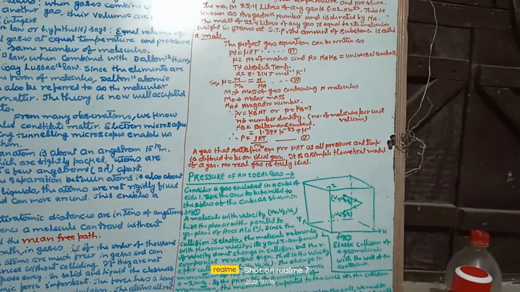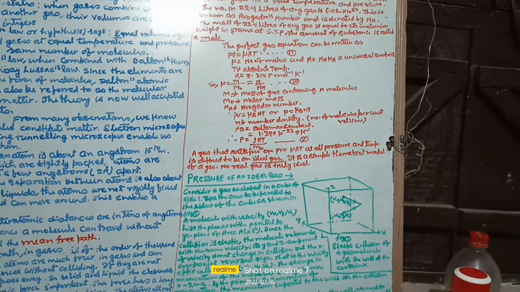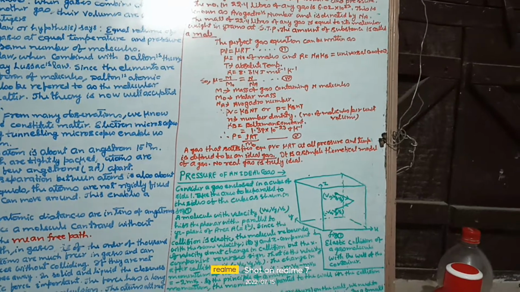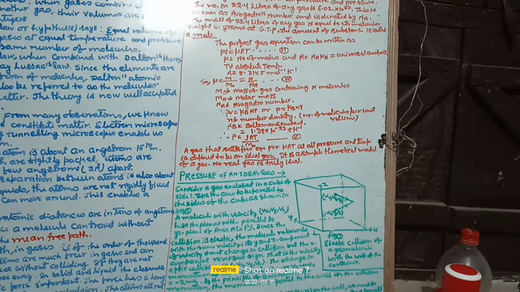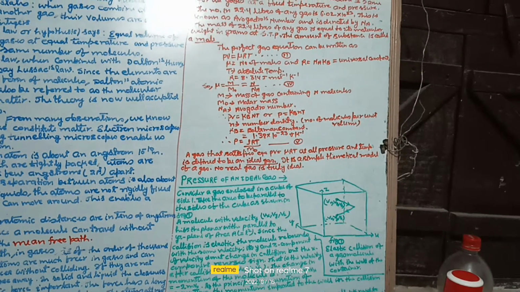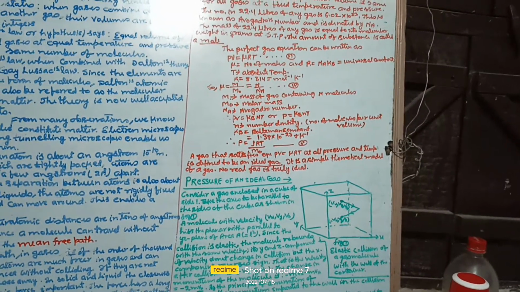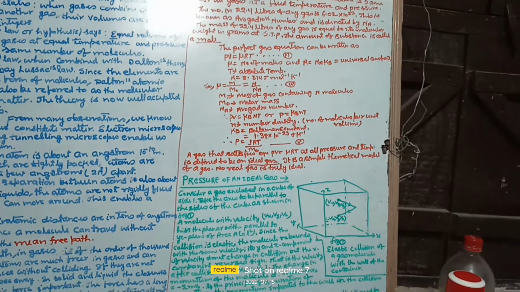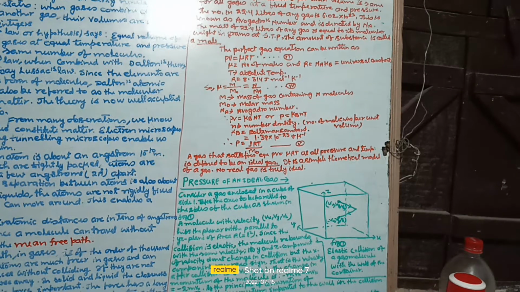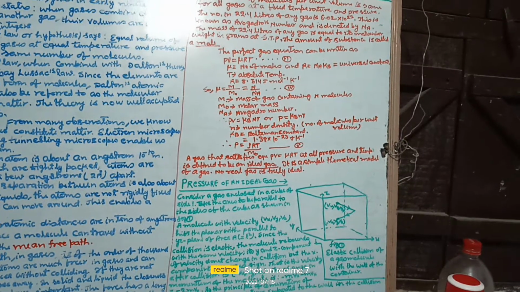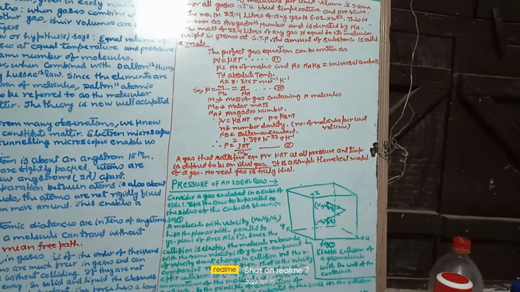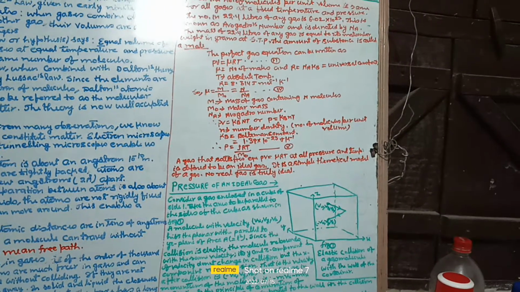But on average, half of these are moving towards the wall and the other half away from the wall. Thus, the number of molecules with velocity vx, vy, vz hitting the wall is 1 by 2 A vx delta t times n, where n is the number of molecules per unit volume.